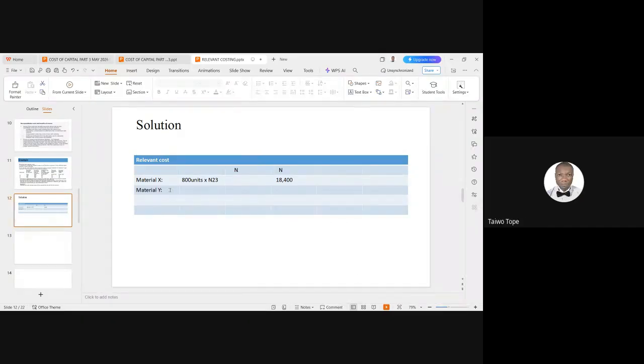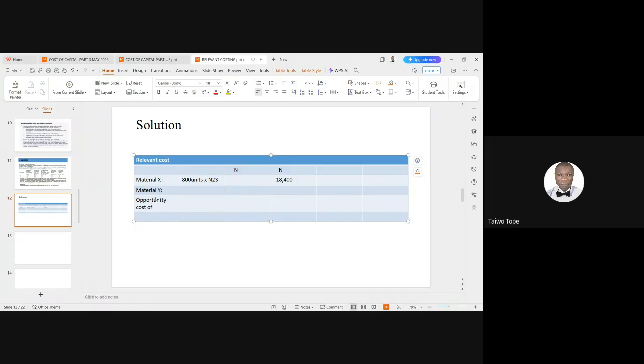So material Y, the opportunity cost of units in inventory will be what? The opportunity cost of units in inventory is equal to the disposal value.